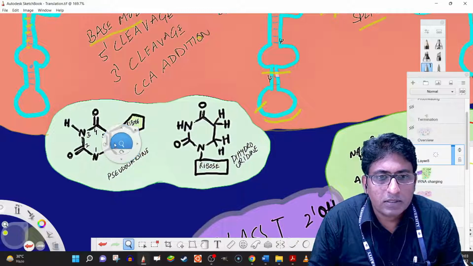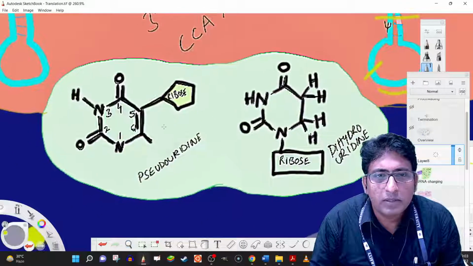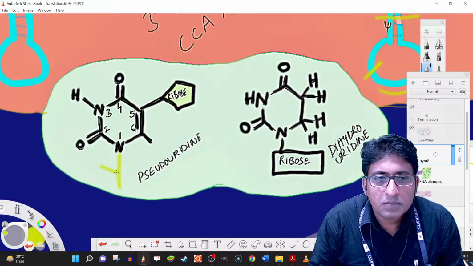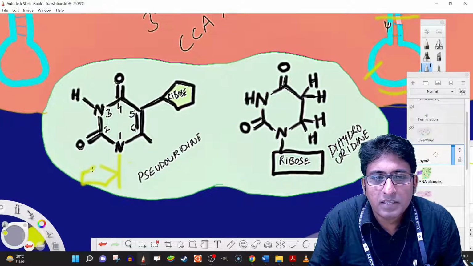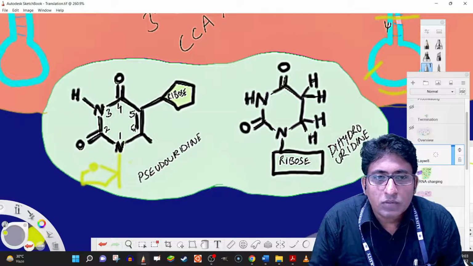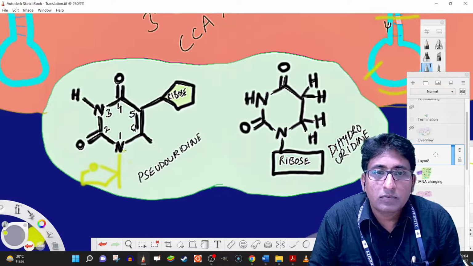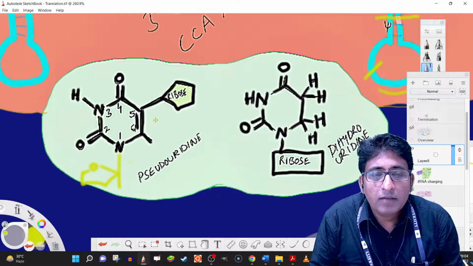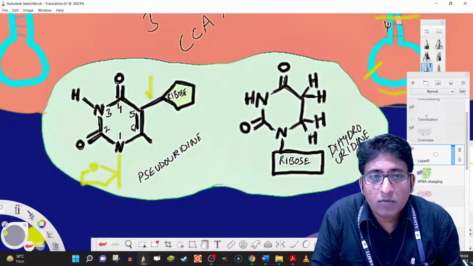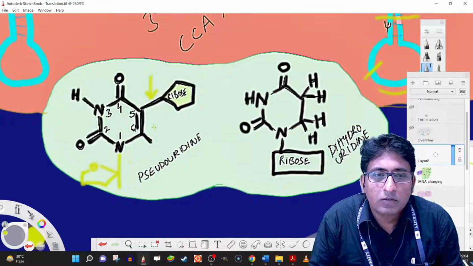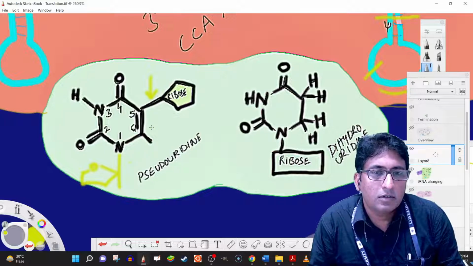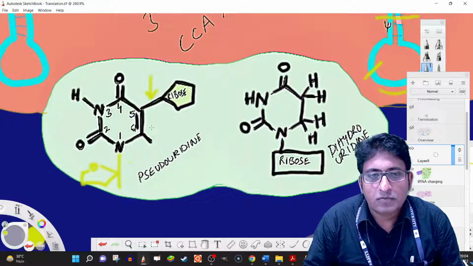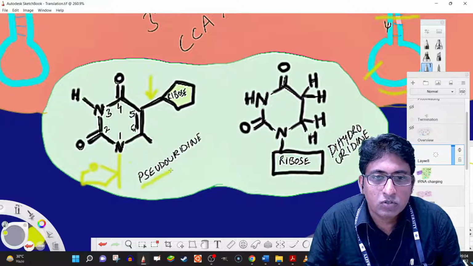Normally we would have had the glycosidic bond here, with the ribose attached to the nitrogen at the first position of uracil. But here the glycosidic bond of the ribose forms to the fifth carbon. Although the chemical formula remains the same, the organization is different. That's why we refer to it as pseudouridine.